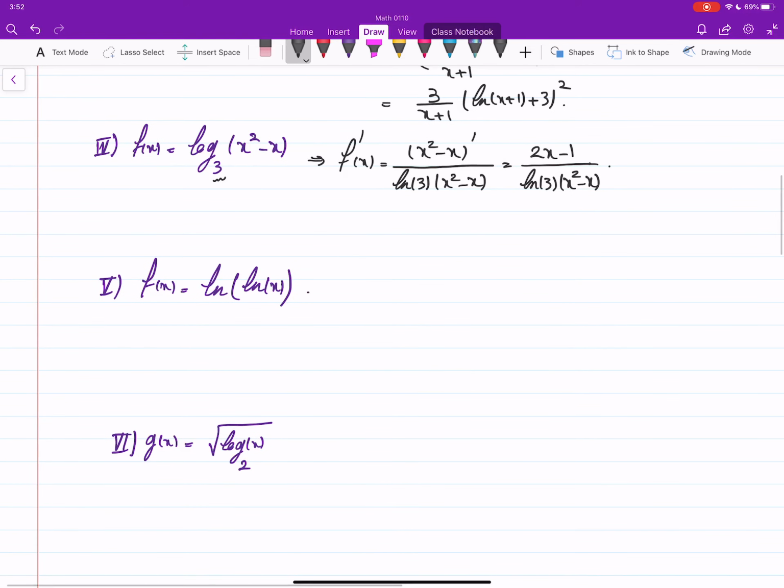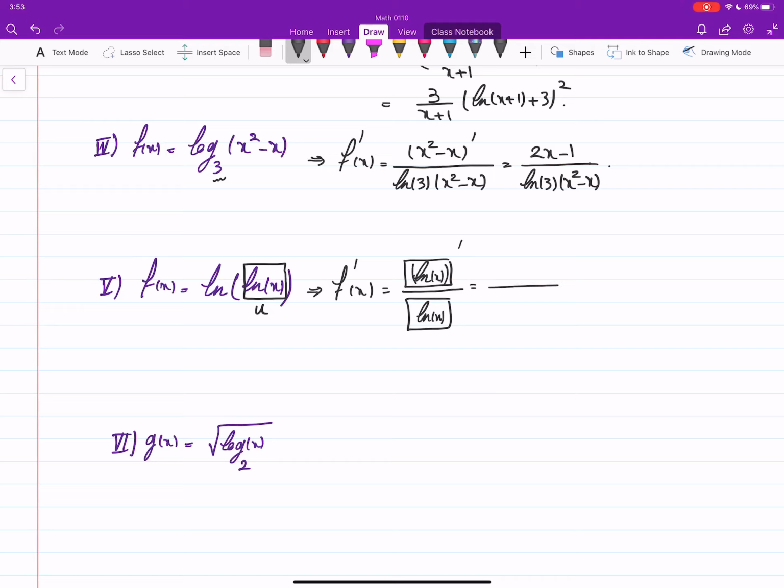How about this one? This is nice, f prime of x. You see, there is a ln inside. That is a function. That's something there. So the derivative of ln of a box is box prime over box. Yes. So in this case, the box is ln x. And we have to find its derivative.